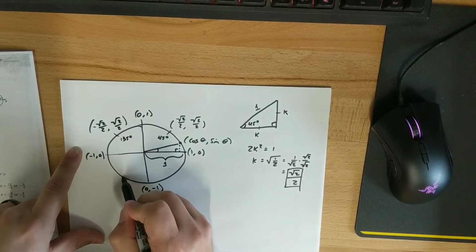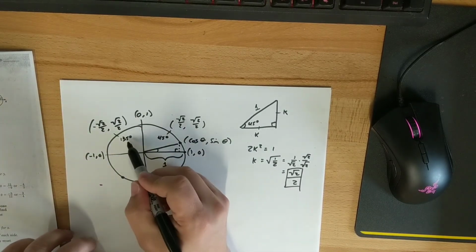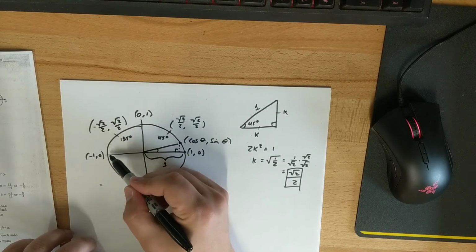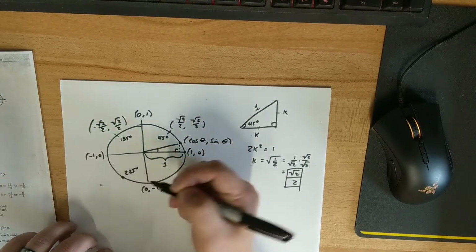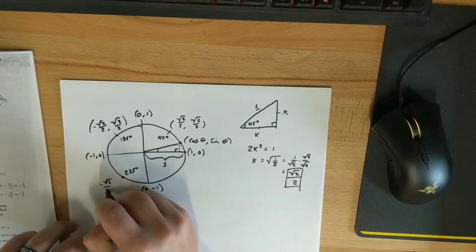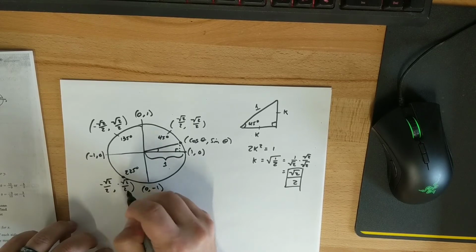I mirror that down here, in which case both coordinates are negative. 135 plus 45 is 180, and 45 more is 225. I get negative root 2 over 2, comma, negative root 2 over 2.